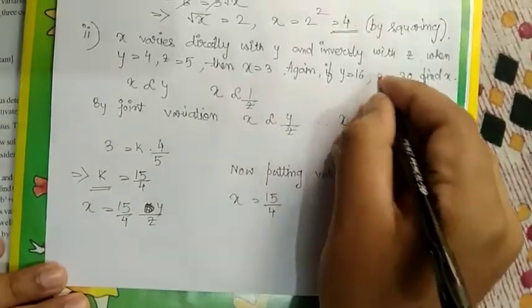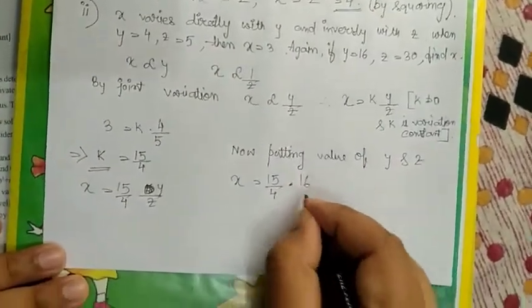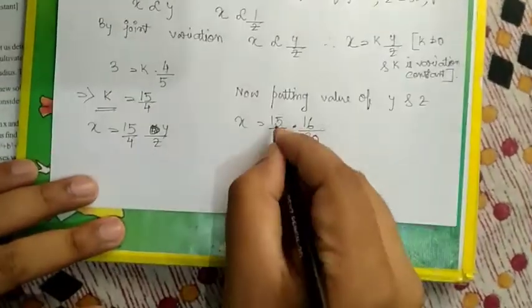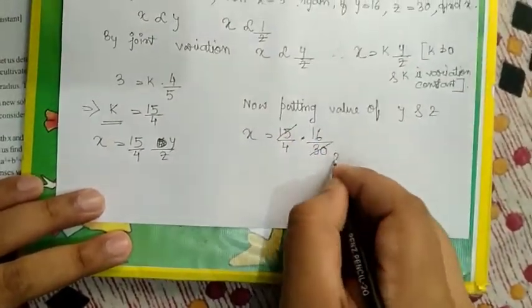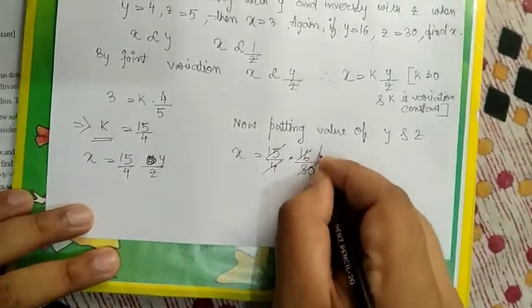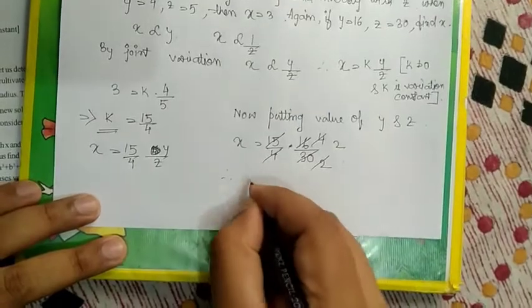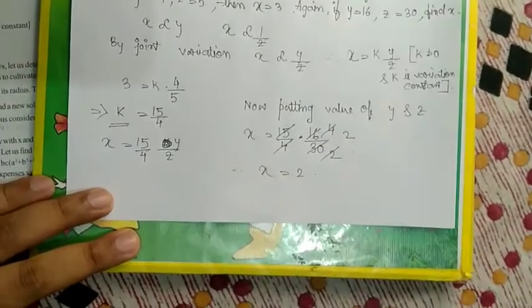The value of y is given as 16 and the value of z is given as 30. So therefore 15 is a 2, 4, 16 is a 4. The value of x equal to 2.